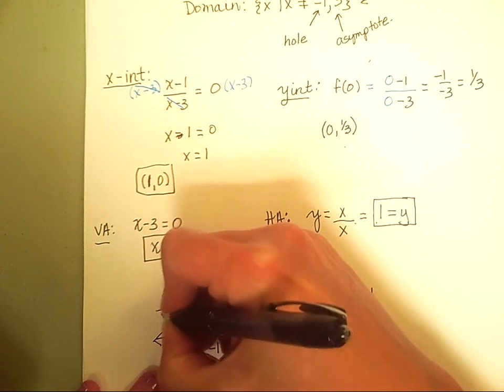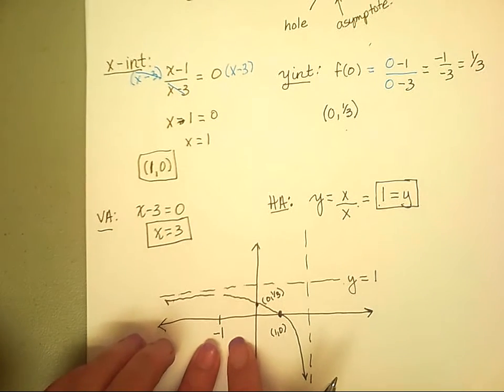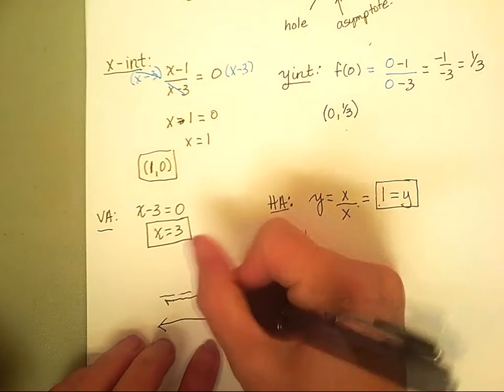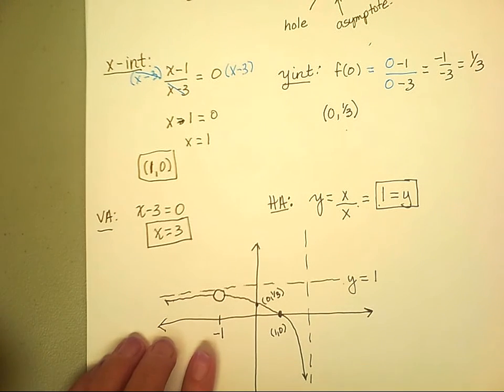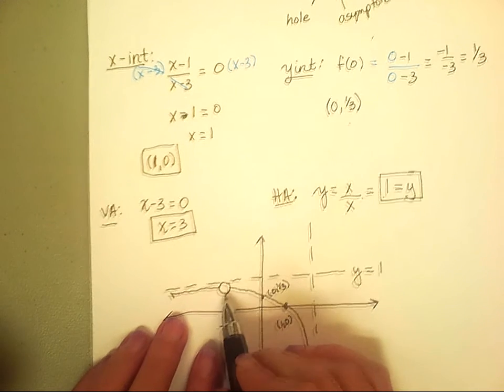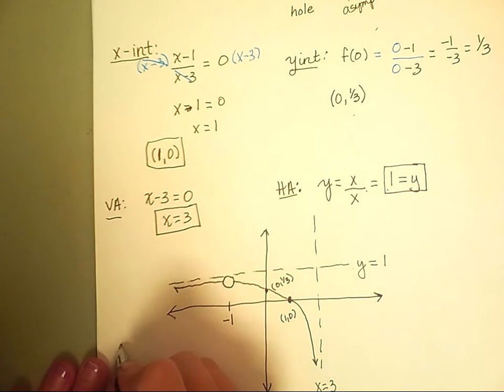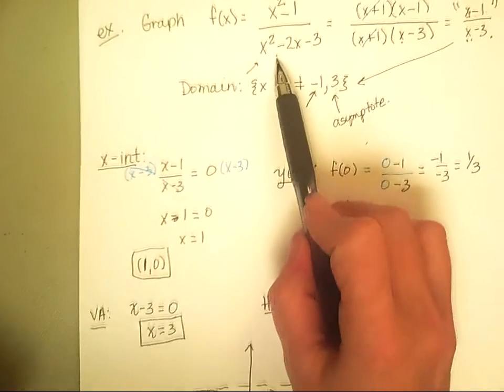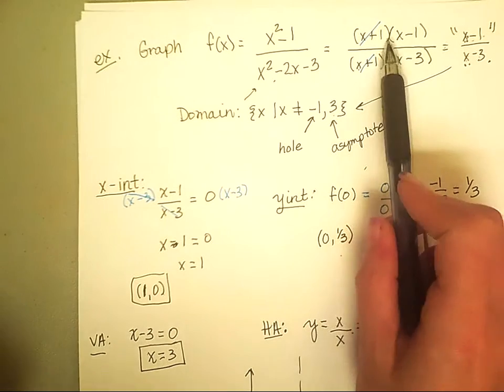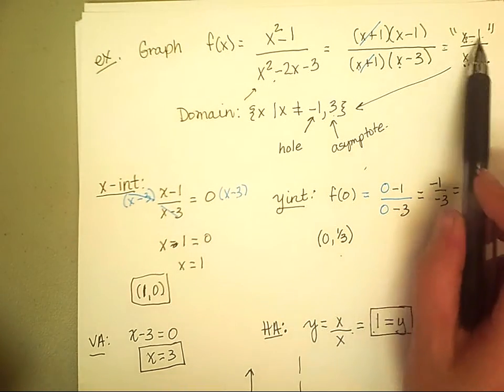But there's a problem when we get to negative 1. Okay. That actually leads to a hole in the graph. That is, the function just doesn't exist there. And so we can wonder what the equation of this hole would be. And to do that, we're going to have to evaluate the function at negative 1. Now we can't use the original function because we'll get a 0 in the denominator.